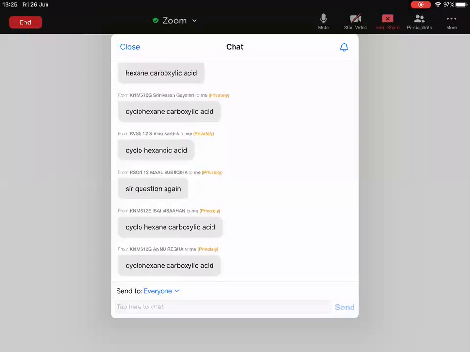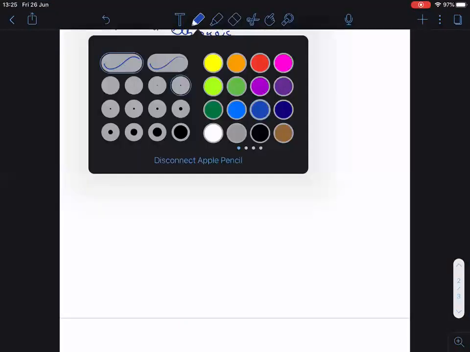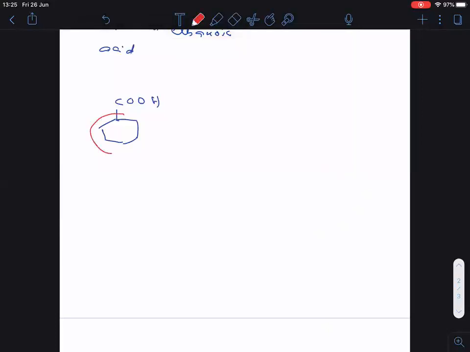Here, let me give the answer for this one. You see now, this is the principal carbon chain having more number of carbon atoms. Here, COOH is not part of the principal carbon chain. So what is the name of this one? Cyclohexane carboxylic acid. COOH is not included in the principal carbon chain, so we must not call it an oic acid.